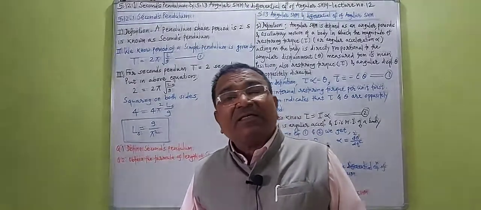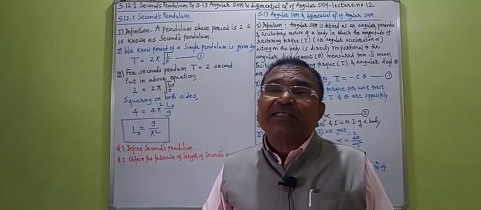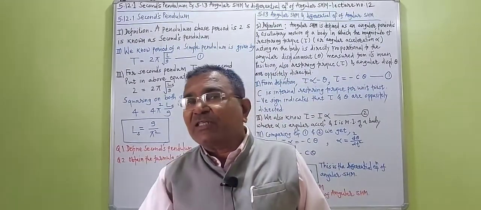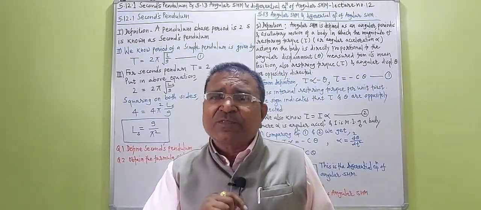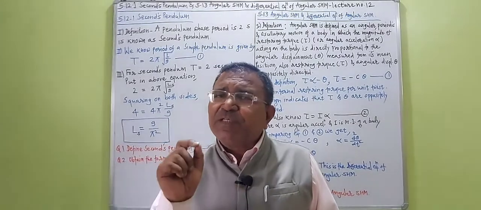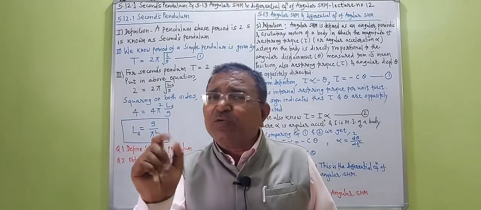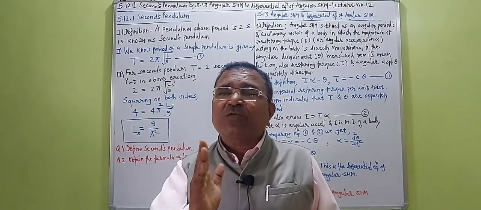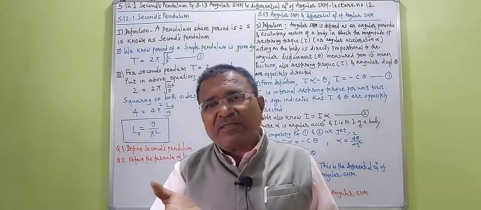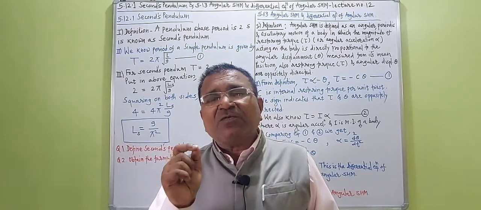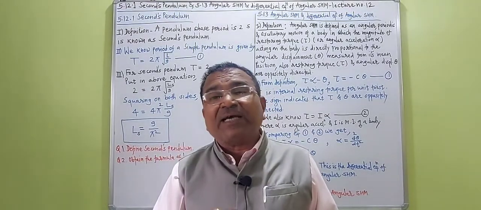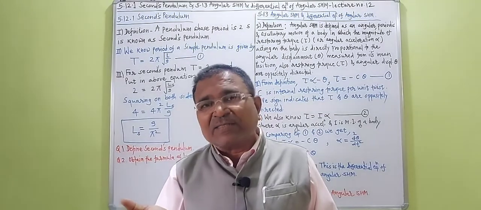Okay, now we are going to discuss angular SHM and differential equation of angular SHM. We know the definition of linear simple harmonic motion, that we have already learned, and that definition we prepared by making use of the equation F is directly proportional to minus x.